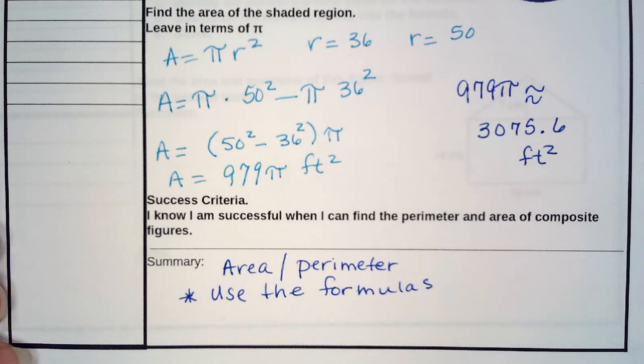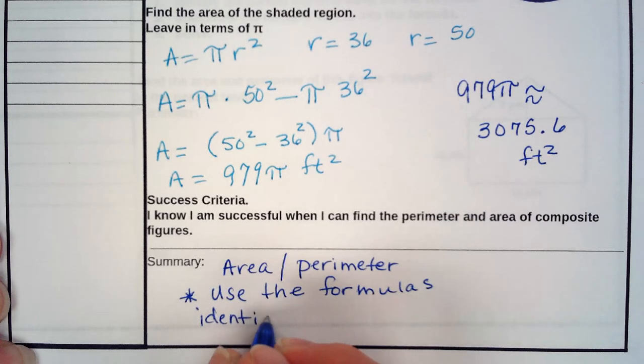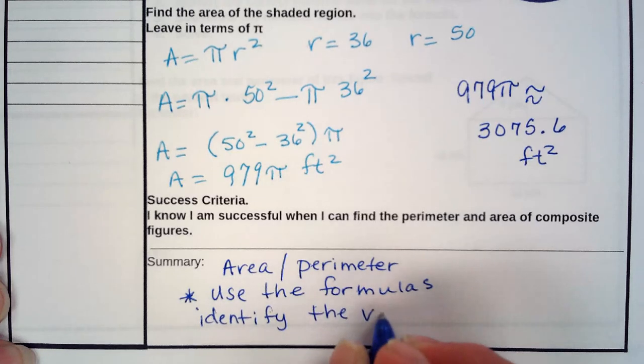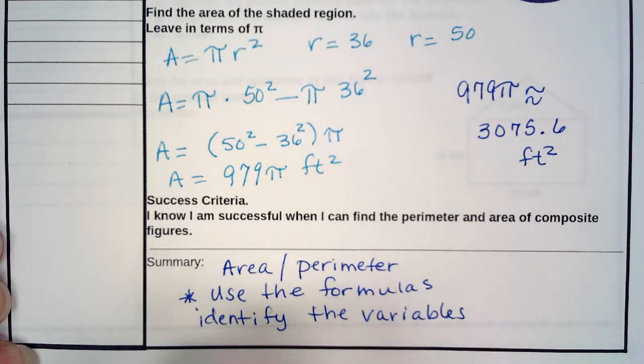And then you'll have to identify the missing pieces. Identify the variables. Then solve.